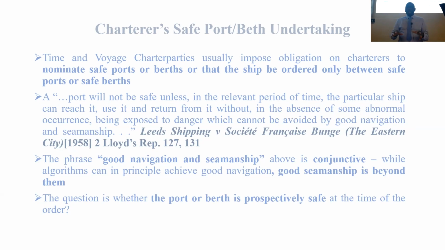For that vessel to be able to know that a port which was prospectively safe but has become unsafe is now unsafe, it has to have a kind of situational awareness and data gathering.